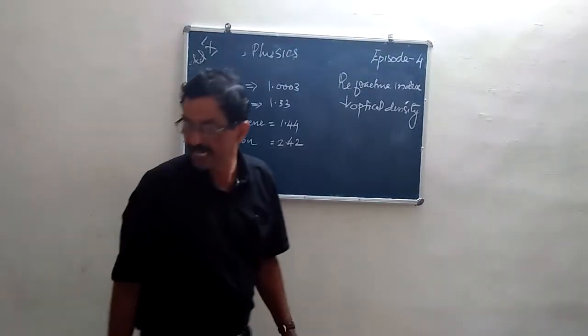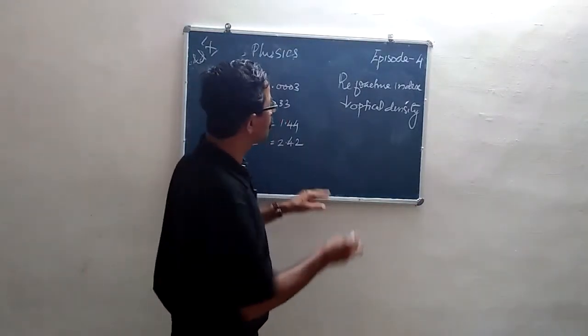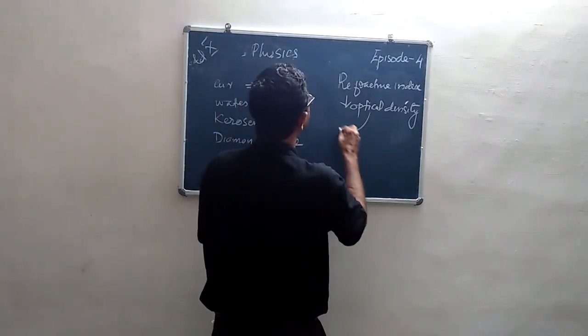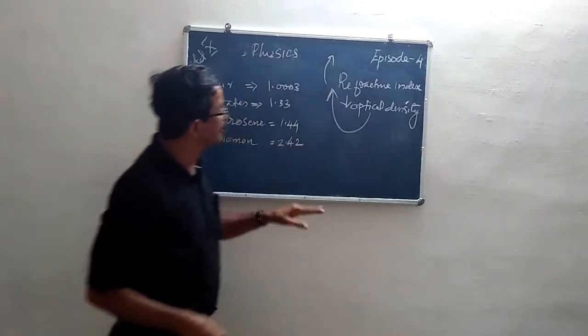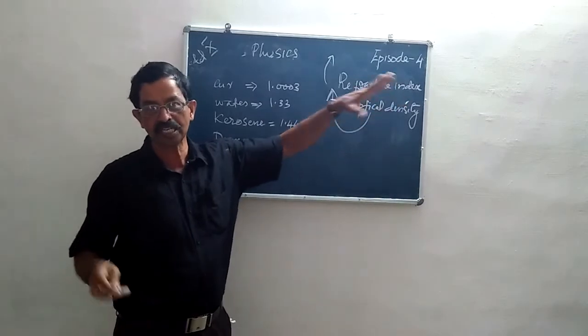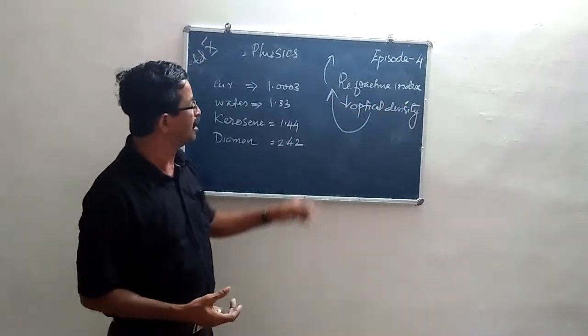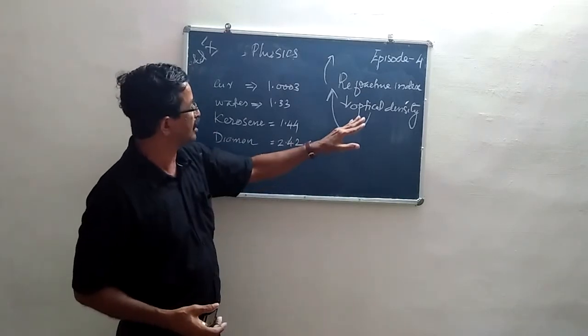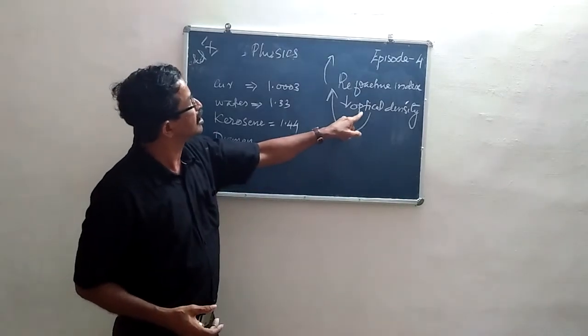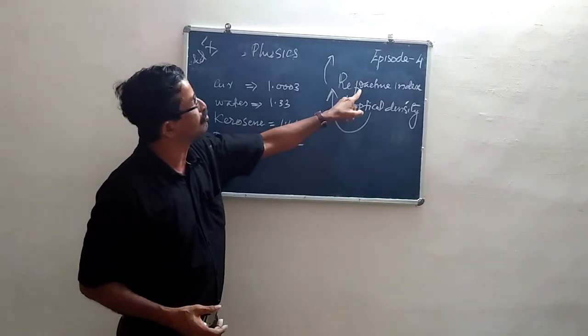When optical density increases, refractive index also increases. That means optical density means how the velocity of light in the medium is affected. Here you see optical density related to refractive index.